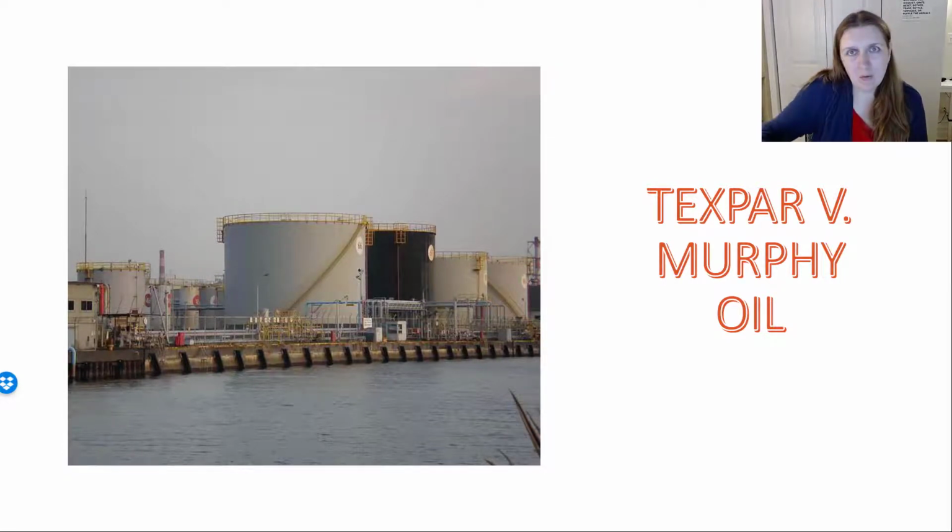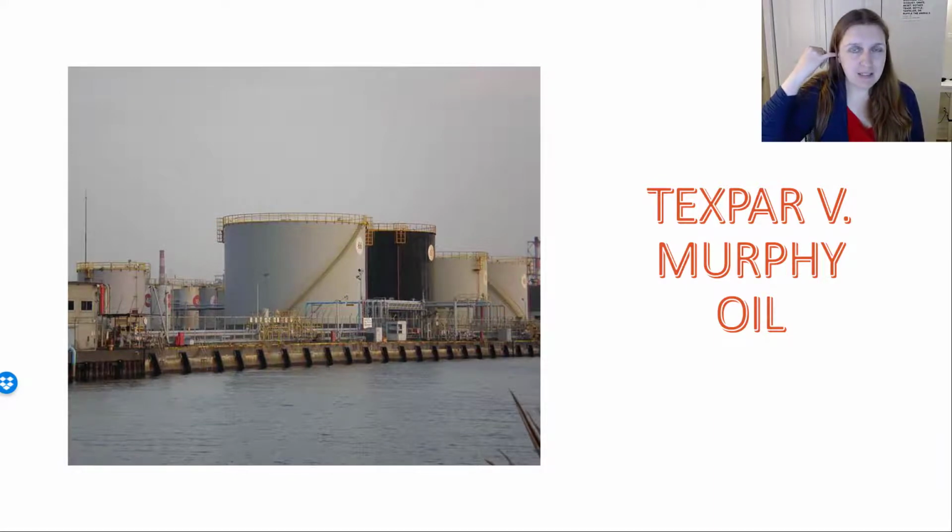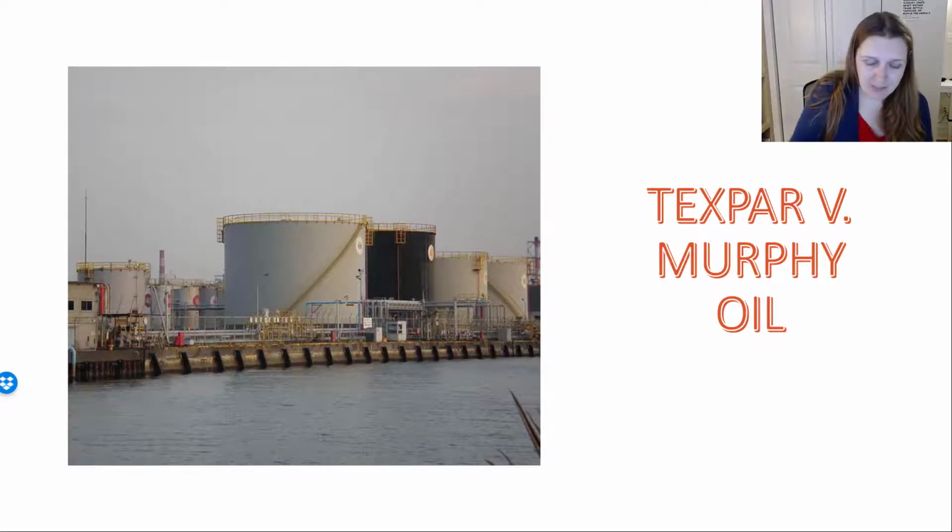And so Murphy Oil looks at that and says, that's way out of proportion to what Texpar ended up paying in consequential damages to its downstream buyer. And even if you add in the lost profits, the $3 a ton that Texpar expected to make on its deal, this is the top of page 517, right?